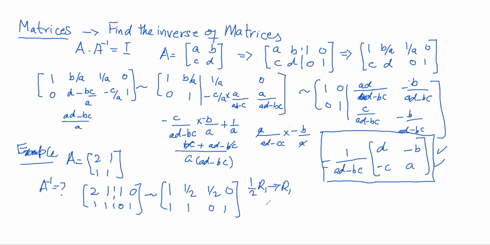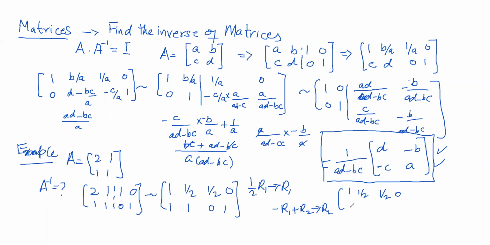Okay, the next row operation will be that we have to make this as 0. So the next row operation will be minus R1 plus R2, that will be new R2. So in this case, what I can do is 1, 1 by 2, 1 by 2, 0, that is the first row.